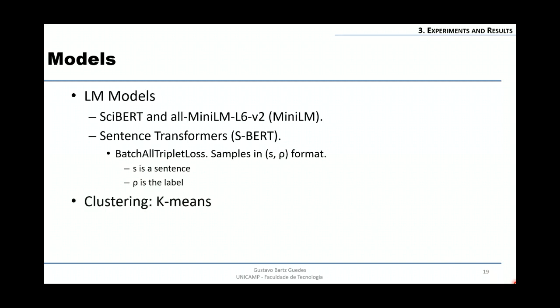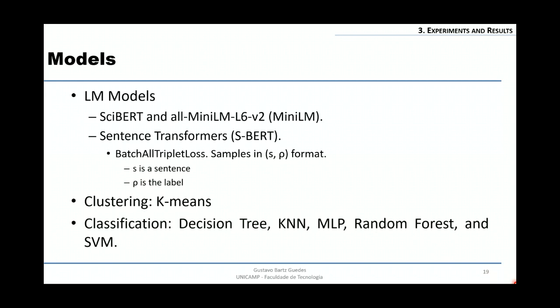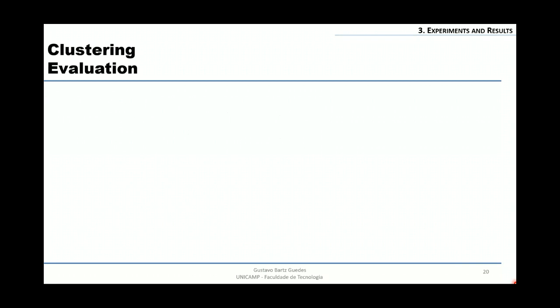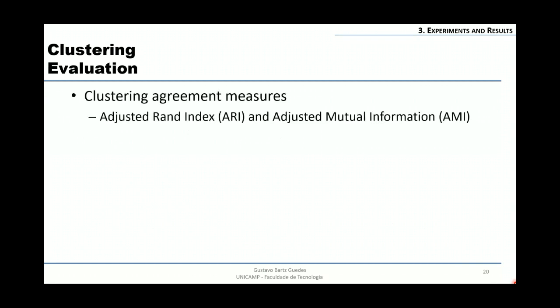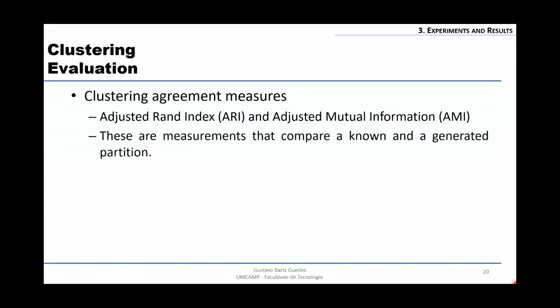And for clustering, we used k-means. For classification, we trained a decision tree, KNN, MLP, random forest, and SVM. To evaluate the clustering, we used clustering agreement measures, such as adjusted Rand index and adjusted mutual information. These are measurements that compare a known and a generated partition.